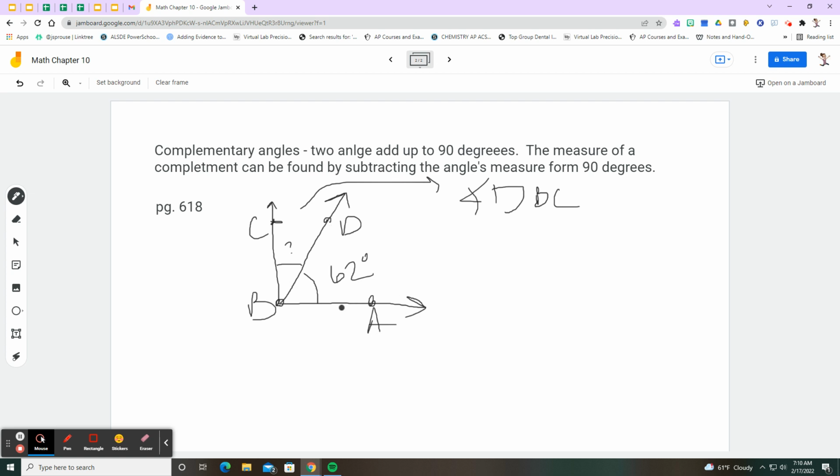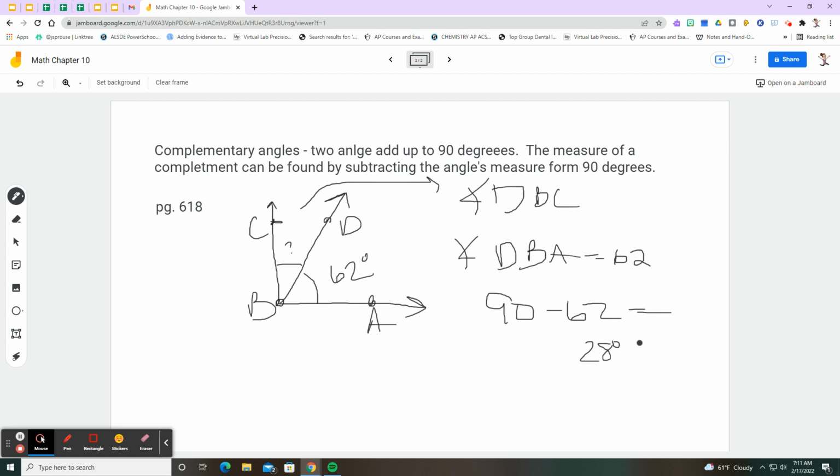Okay, so we know that DBC and DBA are complements because we can see that that is a right angle. Okay, so that's equal to 62. So if we know that this is a right angle, then these two angles have to be complements. So we just take 90 and we subtract 62 from it, and that gives us 28. Okay.